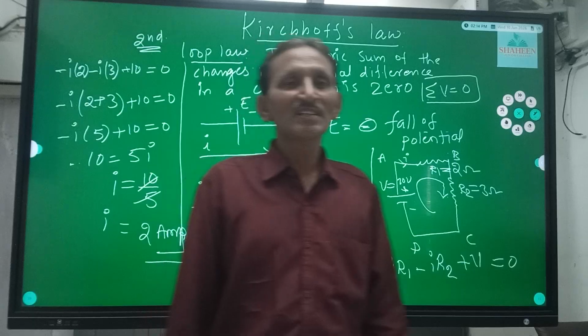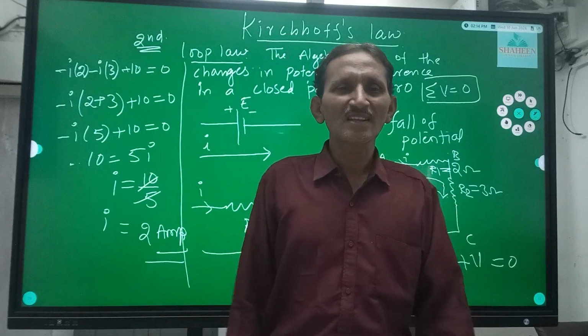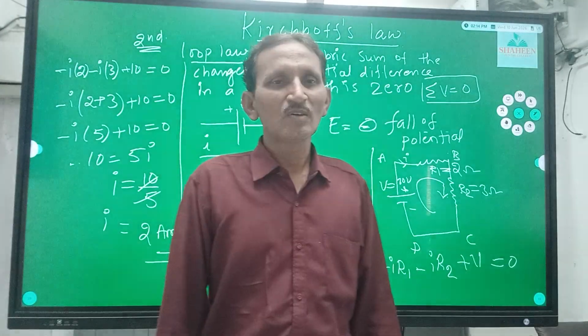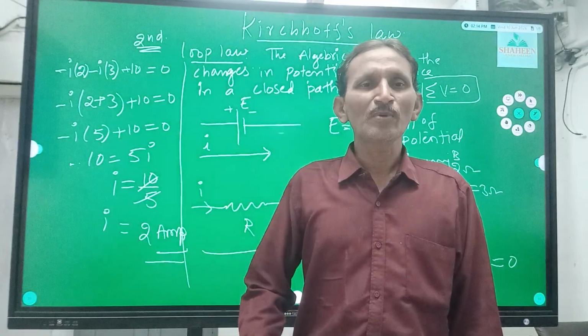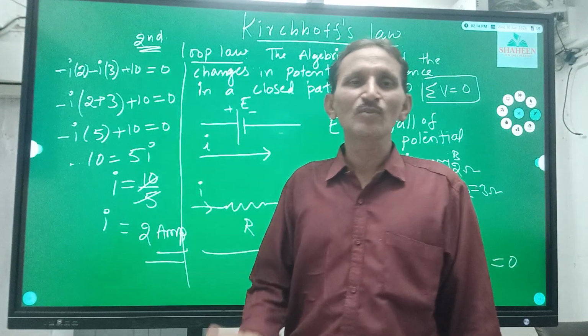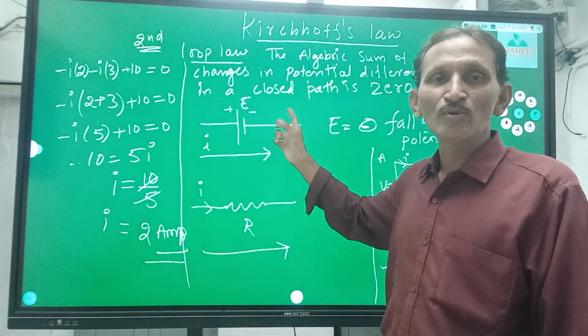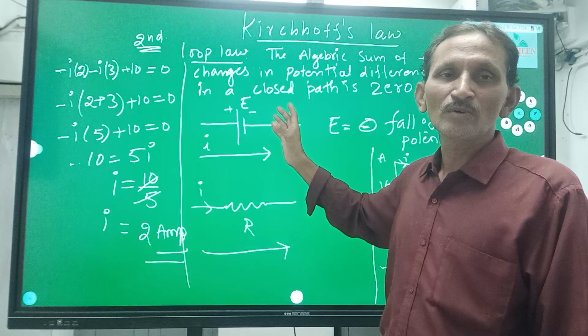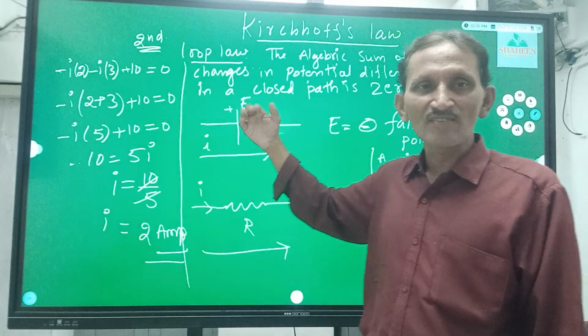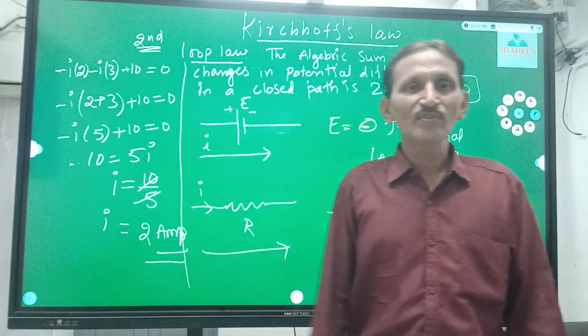Make a note of it. There are many techniques to remember the subject. So fall of potential, rise of potential, that is the change in the potential. So the change in the potential difference across the closed loop must equal 0. Then we call it Kirchhoff voltage law. Okay children? All of you make a note of it.